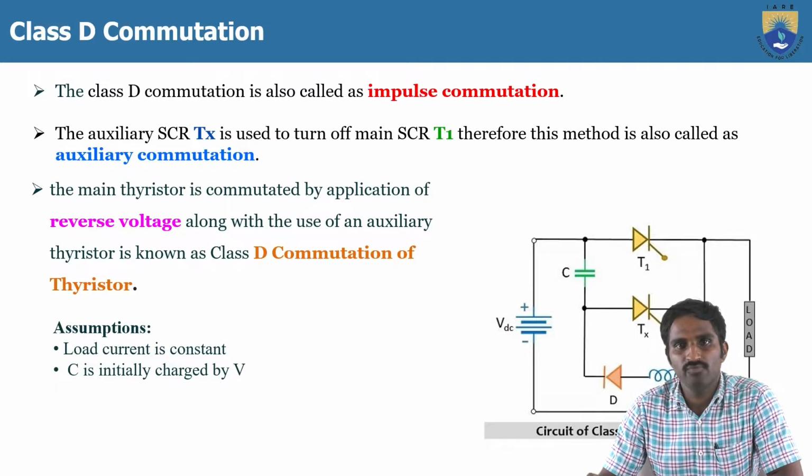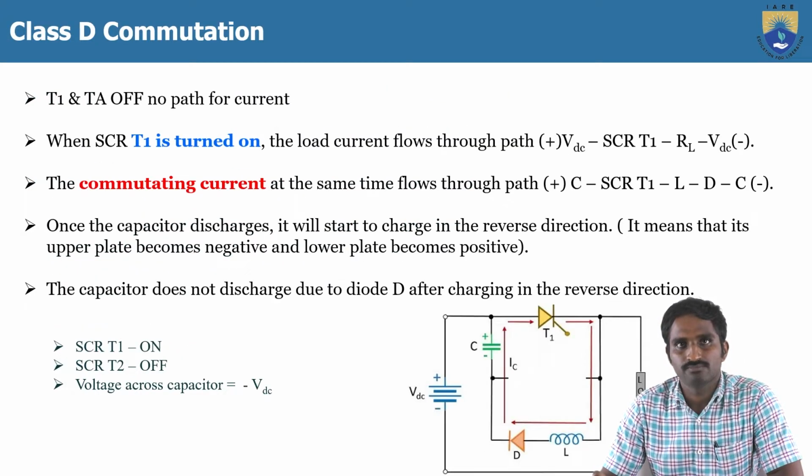Before going to the process, we are making two assumptions. The first assumption is that the load current is constant, and the other is that the capacitor C is initially charged by the voltage V. Initially, let us consider the thyristors T1 and TX in the off state, so that there is no path for current flow through the load.